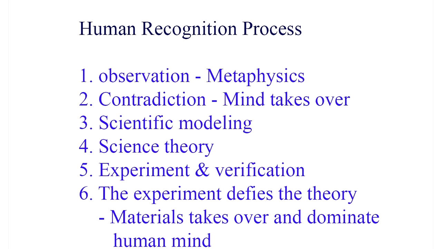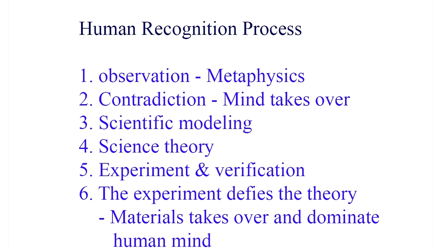Human recognition process. The human observes things, classifies them at the metaphysics stage, and finds a contradiction. An example is like, hey, how did humans get born in the beginning? Okay, and the mind takes over.